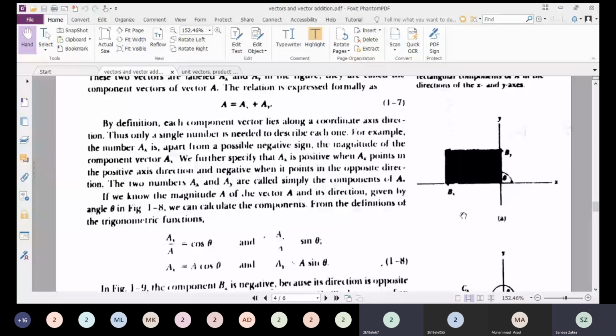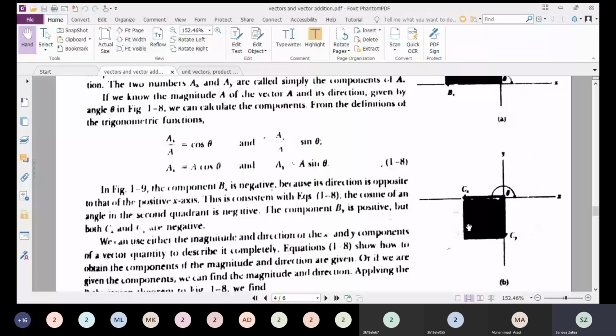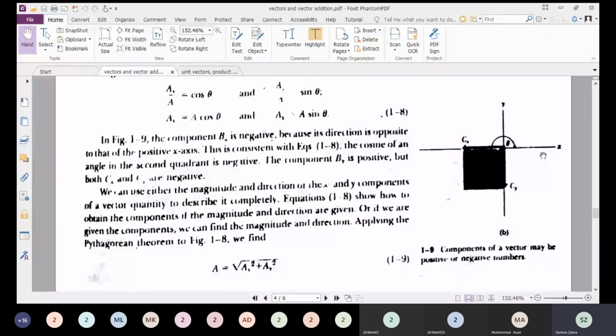In case of the third quadrant, both x and y components will be negative. Then here, x will be positive, whereas the y component will be negative.